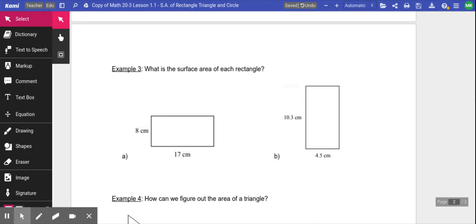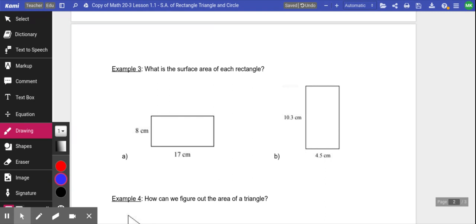Rectangle, so it's still the same thing though, right? Length times width. So if we're looking at this first one, we want to know the area of that. It would be length of 8 times width of 17. Numbers are too big for me, so we're going to do 8 times 17 in our calculator to get 136 centimeters squared. And I like to always put a little box around my answer so I know where it is.